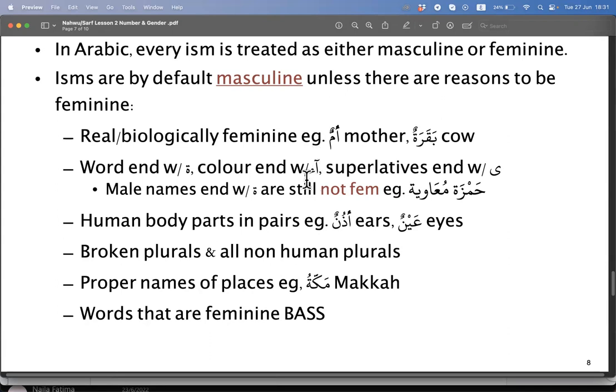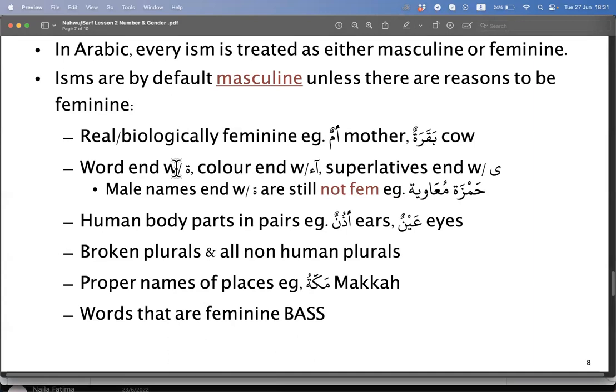Next, if you have a word that ends with tamarbuta, or colors that end with an alif and hamzah, or superlatives that end with an alif maksura, we'll talk about this much later. Not all words that you see with tamarbuta are going to be feminine. For example, just now we saw the word malaikatun.